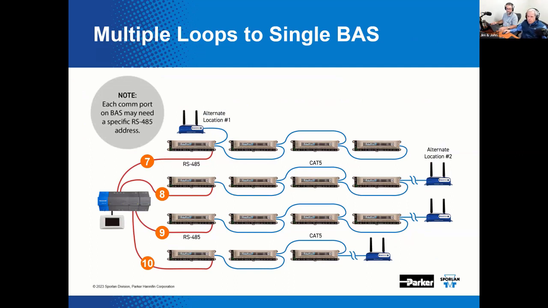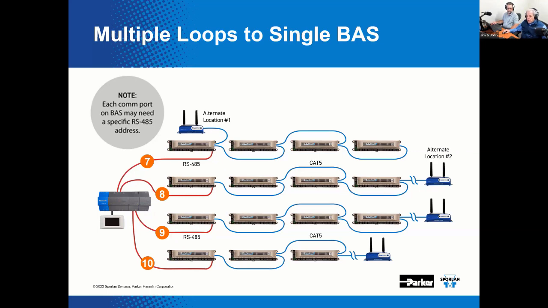You did. In a situation where multiple comm loops are connected to a single building automation system, you have the RS485 cable that's connecting that BAS to the control ahead of the lead case on each loop, and they get assigned a unique number to satisfy the building automation manufacturer.